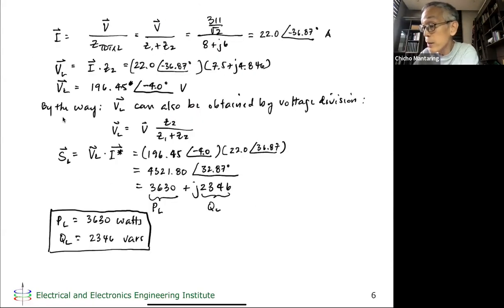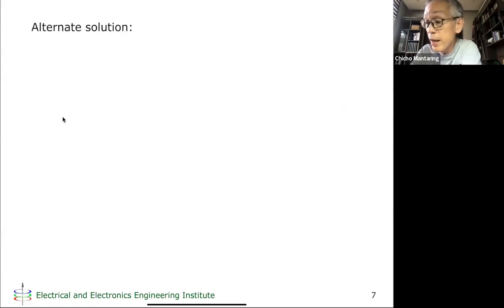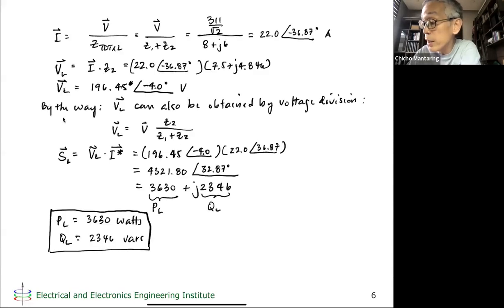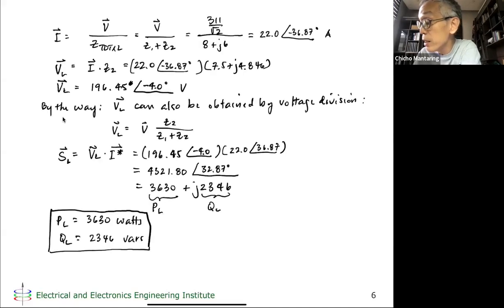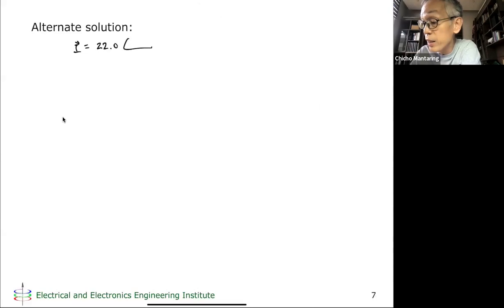At this point, I already know I. I know that I is equal to 22.0 at an angle, what is it? Minus 36.87 degrees. This is in amperes.